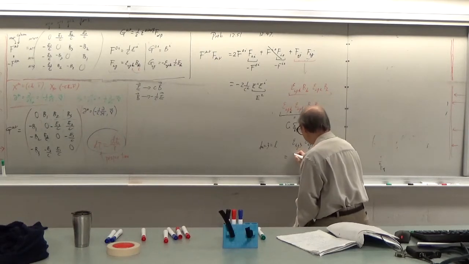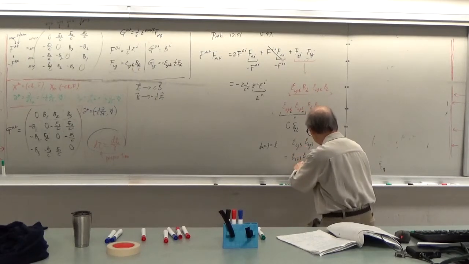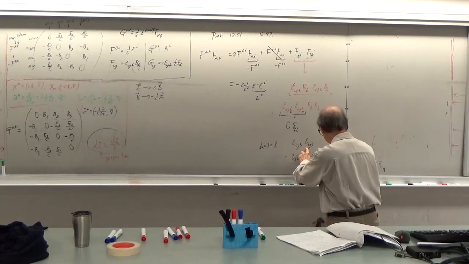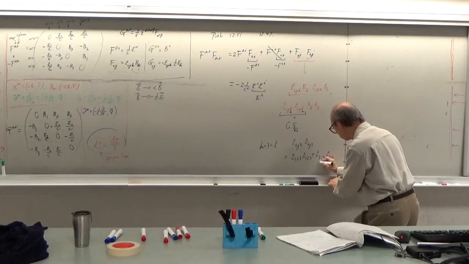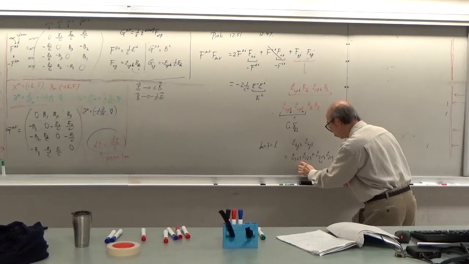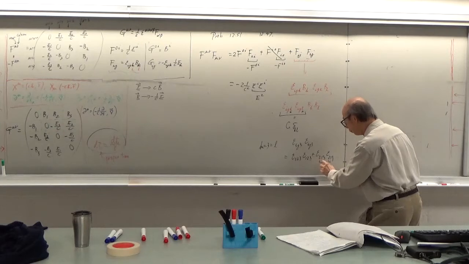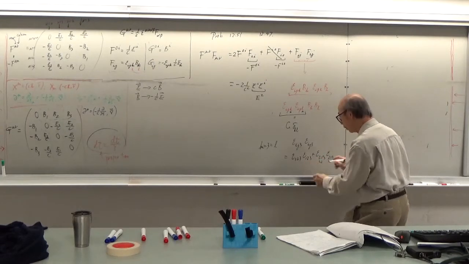So I have only two terms: epsilon 1,2,3 epsilon 1,2,3, plus epsilon 2,1,3 epsilon 2,1,3. These two terms are equal, because I can interchange 1 and 2 to get the 1,2,3 order, and at the same time interchange these two indices to get this. Whenever I interchange two indices I get a minus sign, so minus times minus is plus. In fact, these two terms are equal.